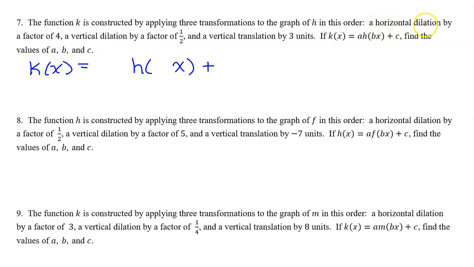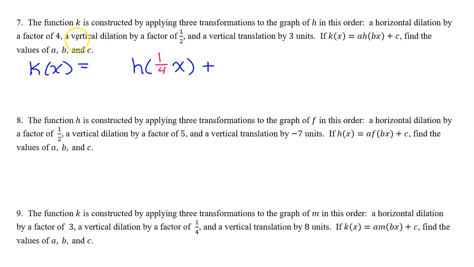A horizontal dilation by a factor of 4 is going to appear as a multiplier on the inside of the function. But any horizontal transformation appears the opposite of what it is. So instead of a 4, we will have a 1/4.